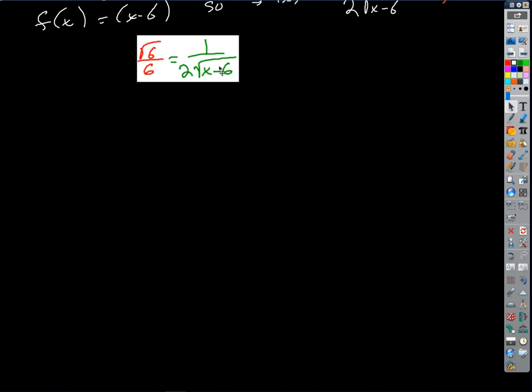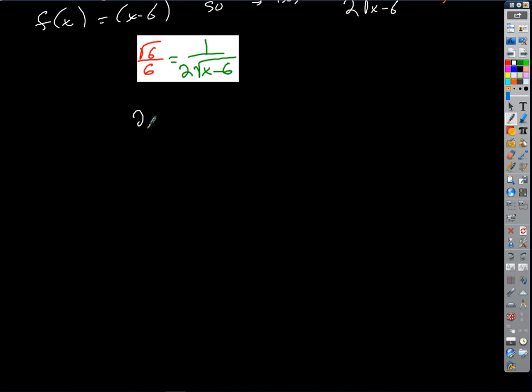How would we probably solve that? Factor the square root of 6 out of that one side. That would be 1 over square root of 6, and we can flip it, taking the reciprocal of both sides, so we get square root of 6 equals 2 square root of x minus 6. Yeah, that works. What else could we do? Cross multiply.